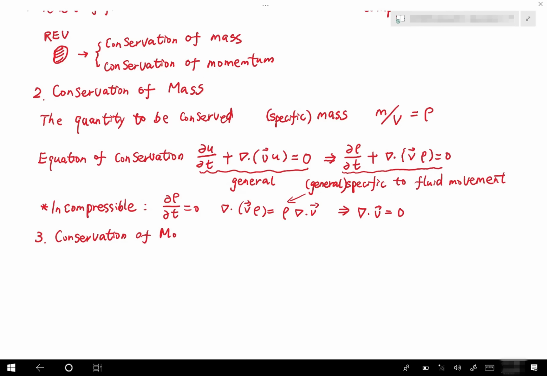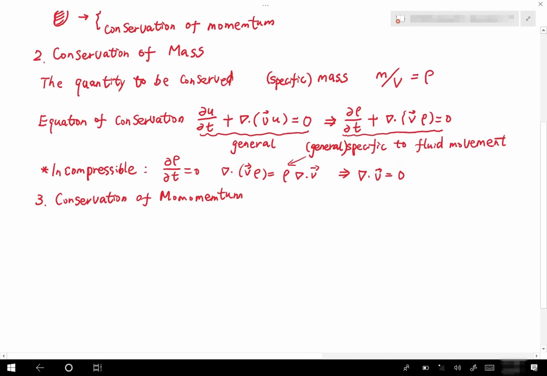Then we will simplify that equation to get a simpler equation for incompressible fluid. Momentum. And we follow exactly the same procedure. So first step, we need to find out the quantity to be conserved.